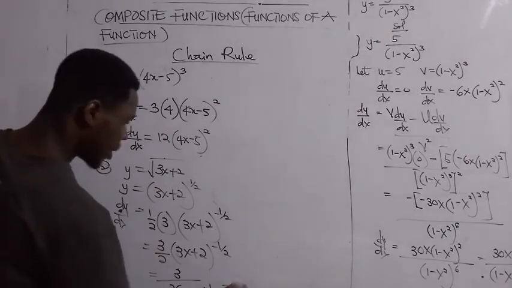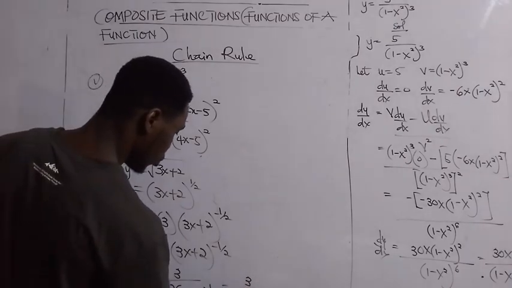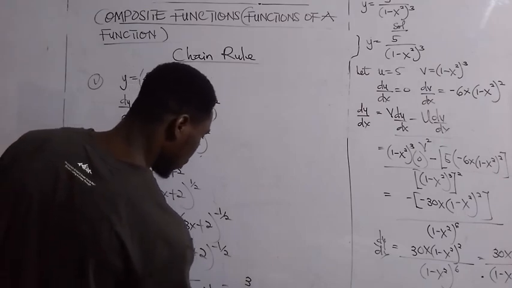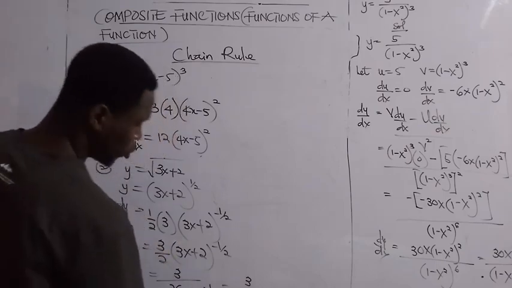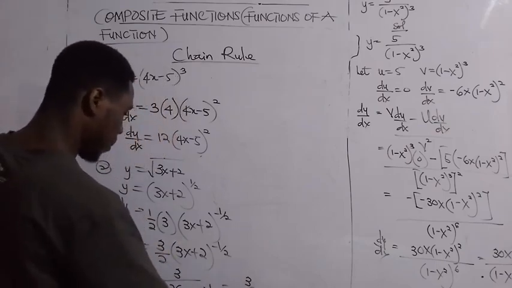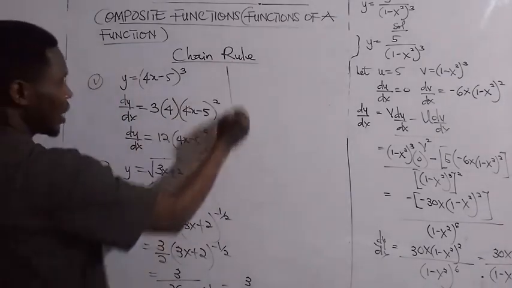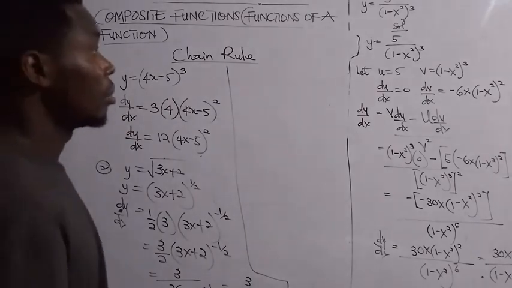When you check further, you have 3 over 2 times (3x plus 2) exponent negative 1 on 2, which is 3 over 2 square root of 3x plus 2. You have it for the second question. So that is another way of doing it, but it depends on the question.